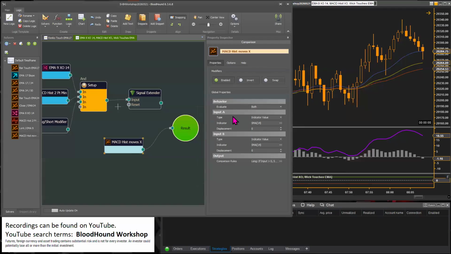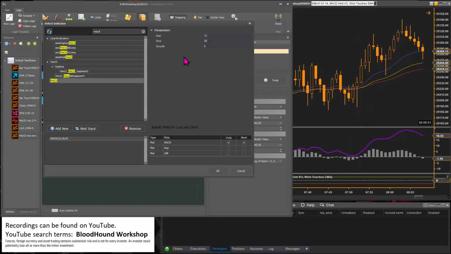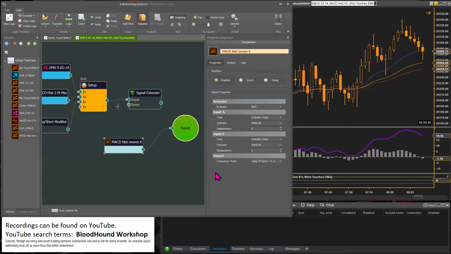All right, so input A is going to be the histogram value of the current bar. So let's plug in the MACD here. Again, I'm just using the typical standard periods there, and we want to look at the histogram.